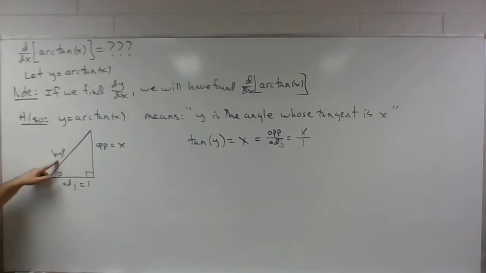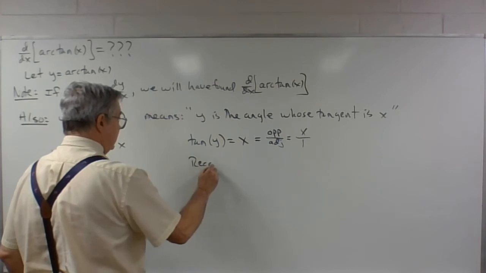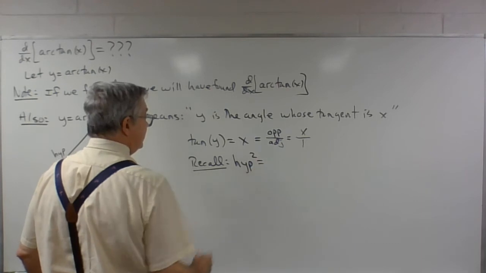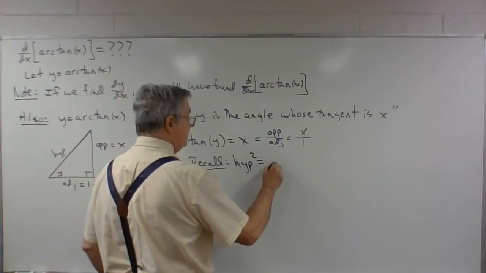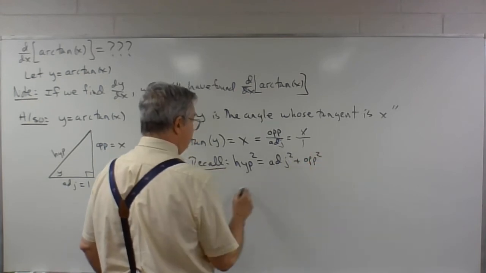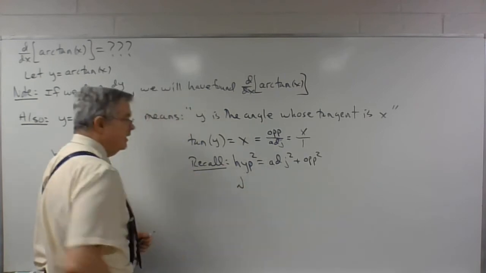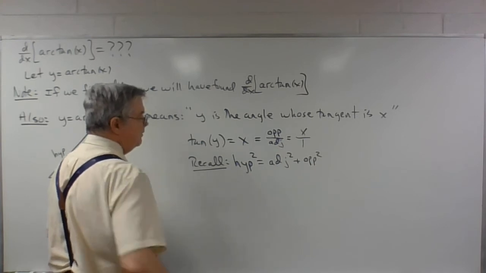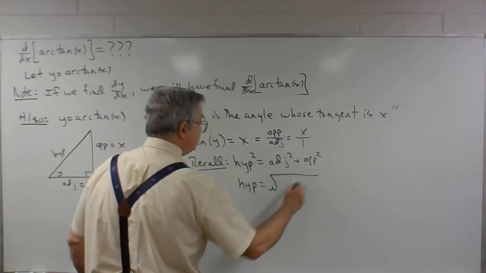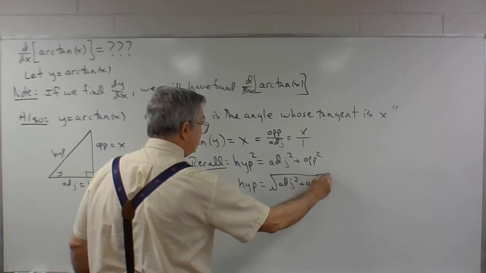We don't have the hypotenuse, but we can get it. This is a right triangle, so the hypotenuse squared is equal to the adjacent squared plus the opposite squared. And if I take the square root of both sides, that means hypotenuse is equal to the square root of adjacent squared plus opposite squared.